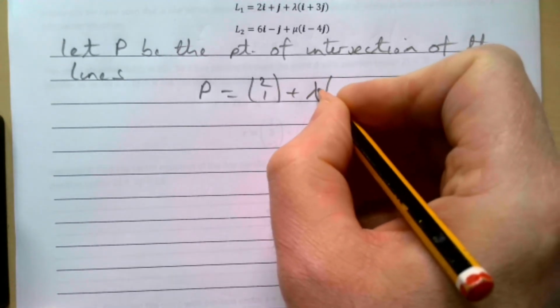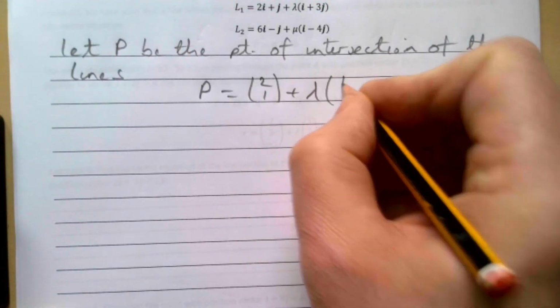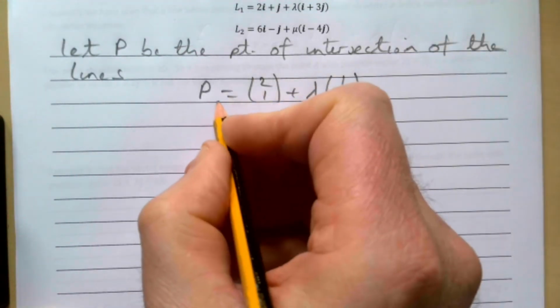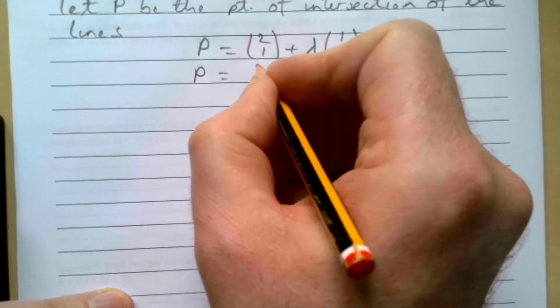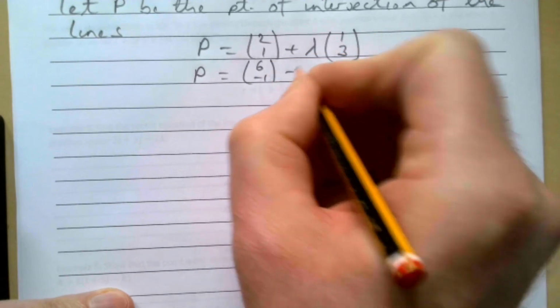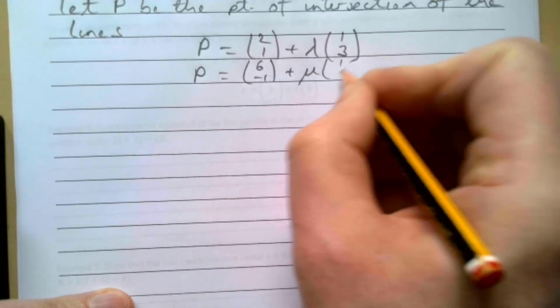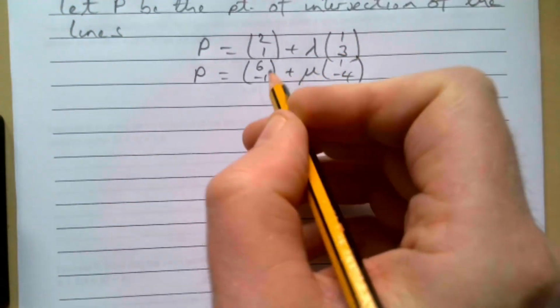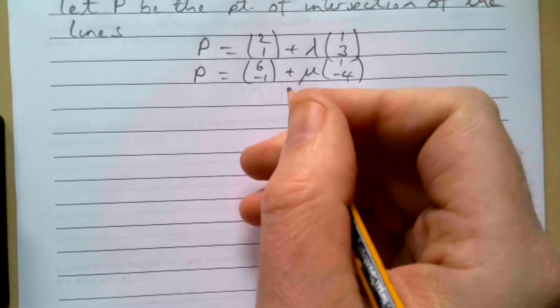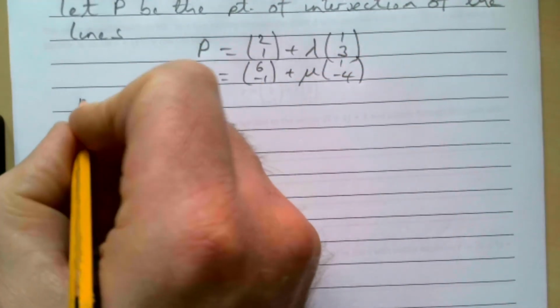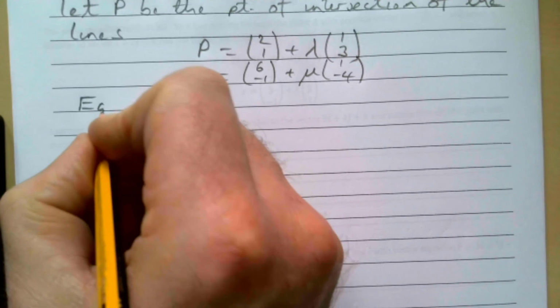So there's some value of lambda that gives you P, and there's some value of mu that must give the same value of P as well. So we can equate our coefficients. What does that mean?